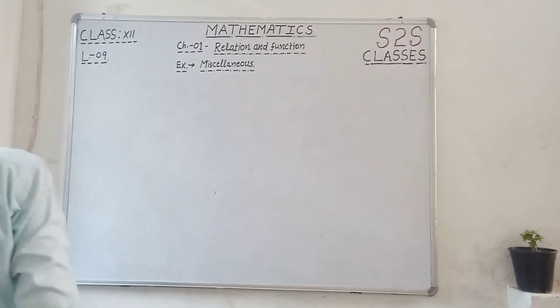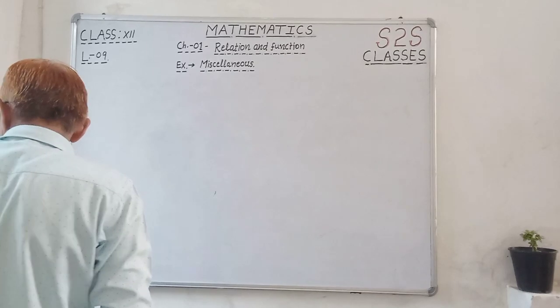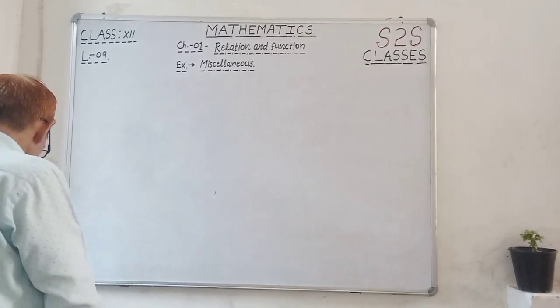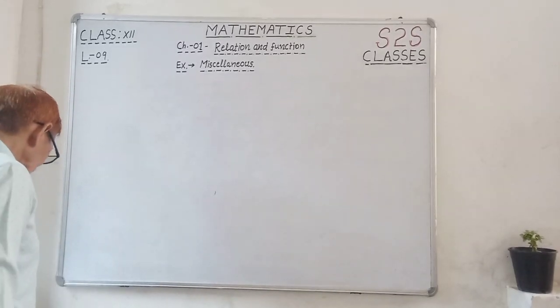We are doing that question easy, that question 2, 3, 4, 5. Now we are writing: find the number of all onto functions.